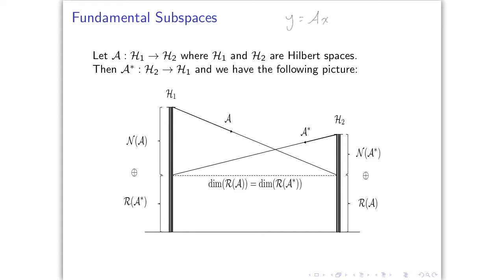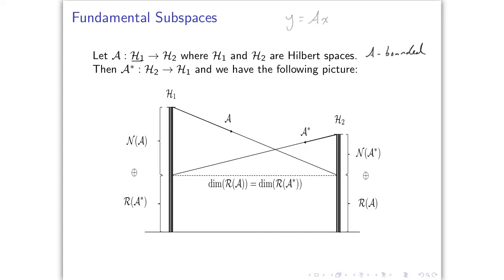A is going to map Hilbert space H1 onto Hilbert space H2, and H1 and H2 are Hilbert spaces. We also assume that A is bounded. It's a linear operator that maps from one Hilbert space to another.